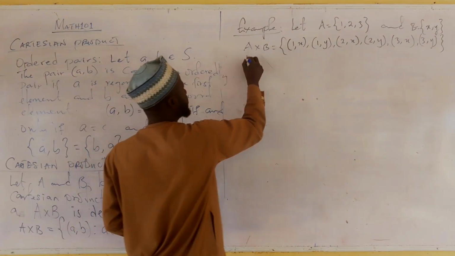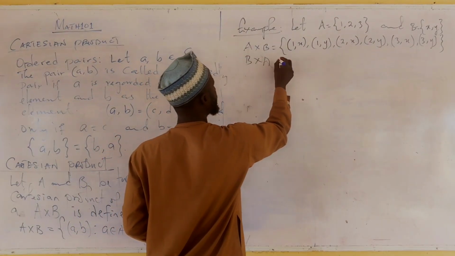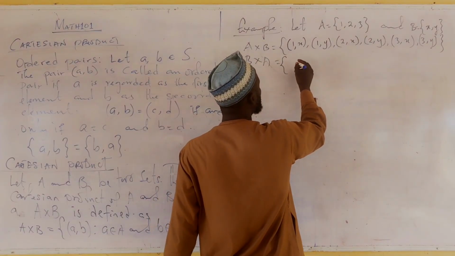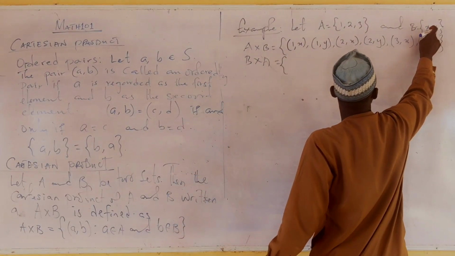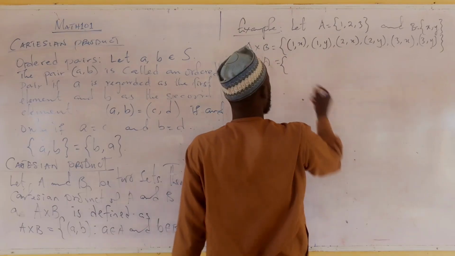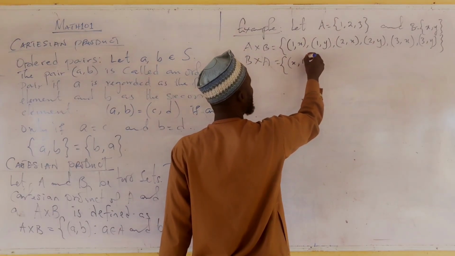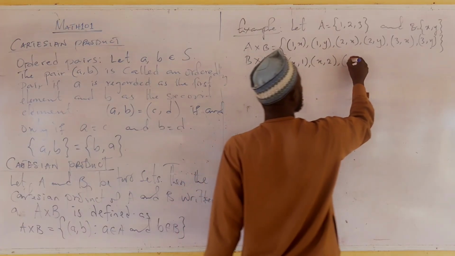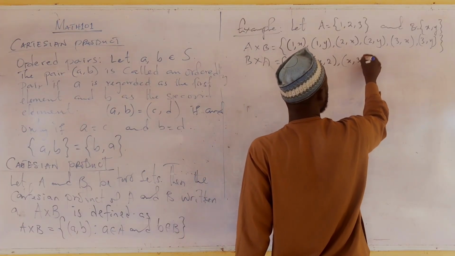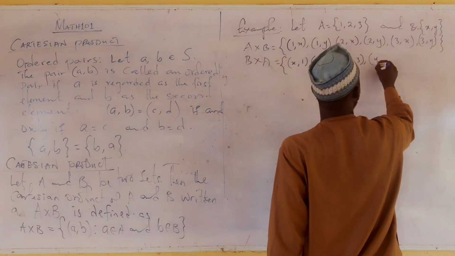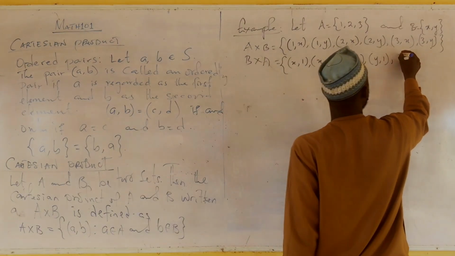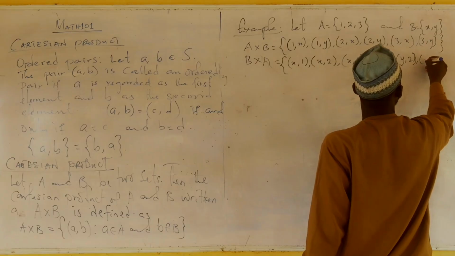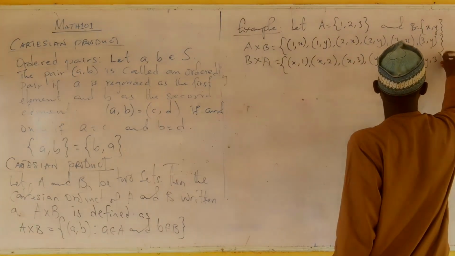So let's look at B cross A. We start with the elements of B, then the elements of A. So we have x comma 1, x comma 2, x comma 3, and then y comma 1, y comma 2, y comma 3.